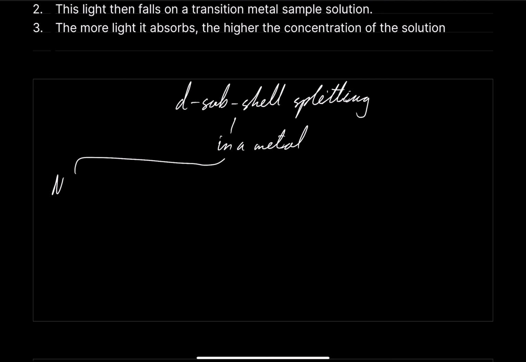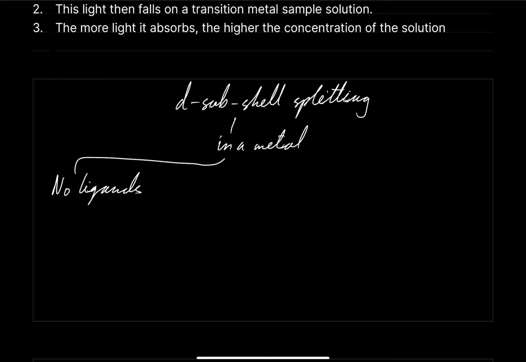If there's no ligands present, actually, that's probably one of the most important things you need to understand about this: none of this would happen if there's no ligands present. You wouldn't see any of these properties. So these transition metal ions wouldn't show these properties if ligands weren't present.